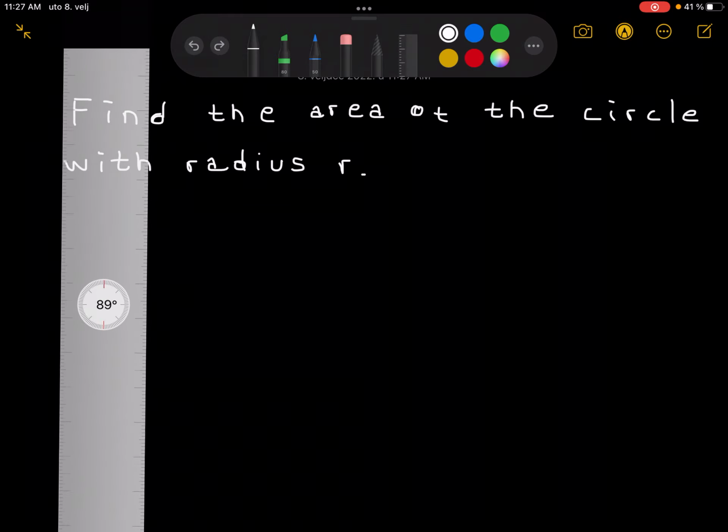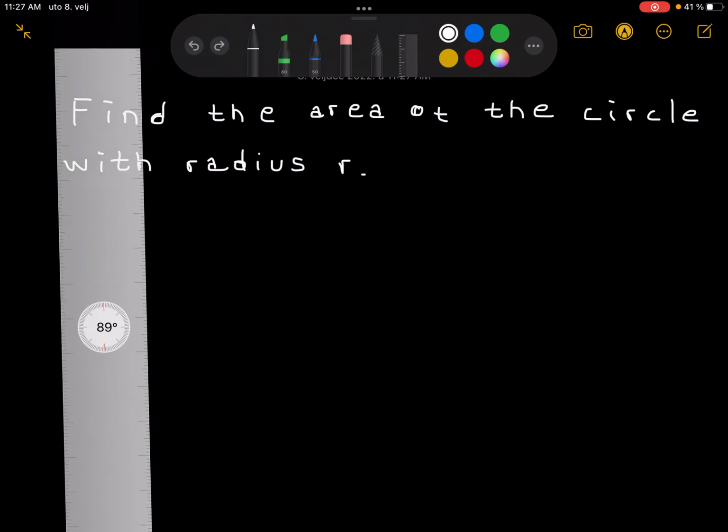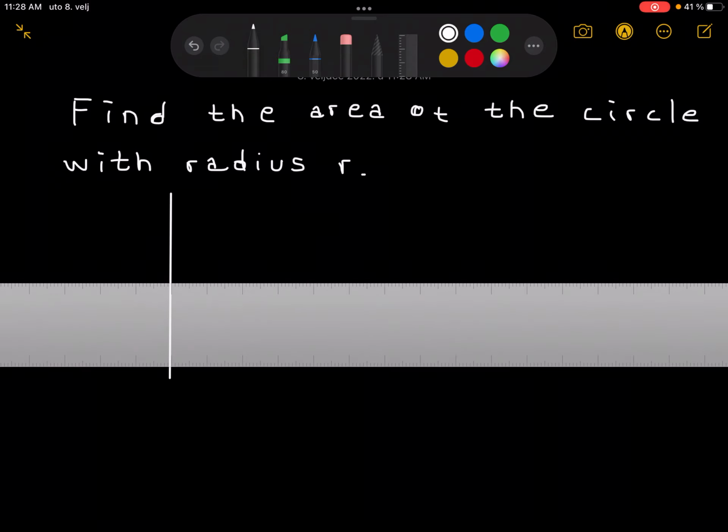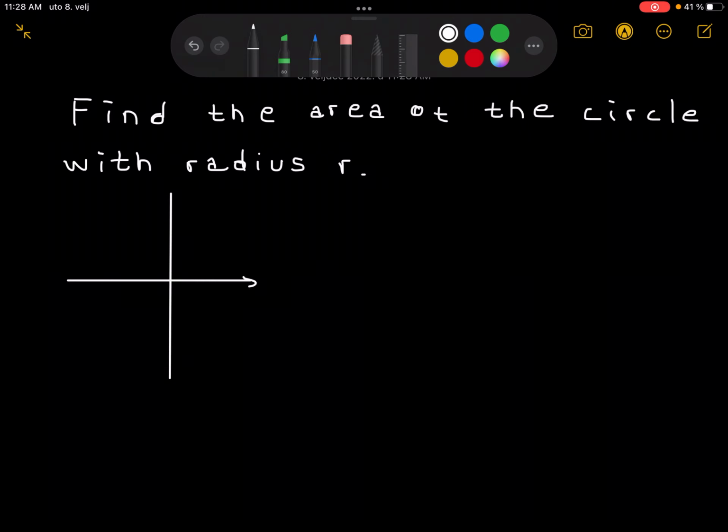I'm going to start by drawing our standard xy coordinate system. So this is our x-axis and this is our y-axis.